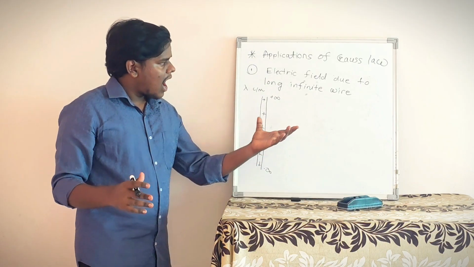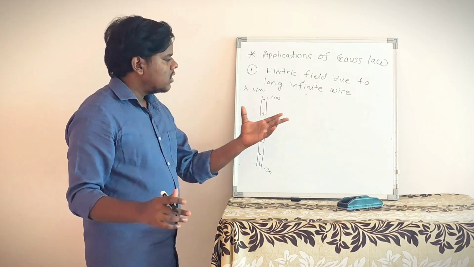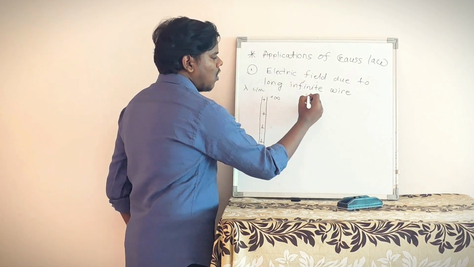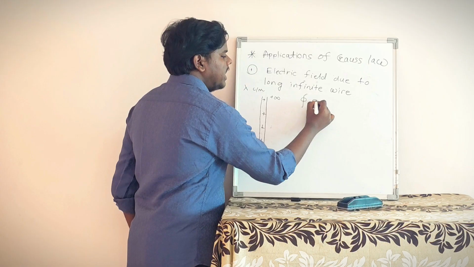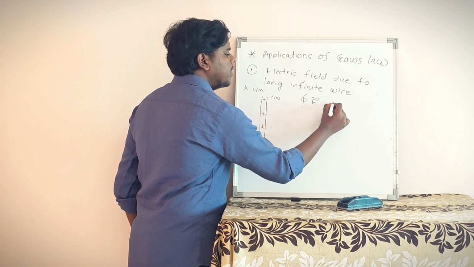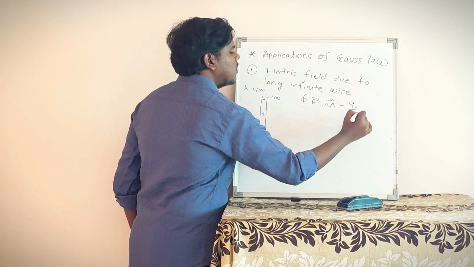Now how can we find the electric field due to this long infinite wire? Gauss law we know: we write ∮E·dA equals q by epsilon naught.